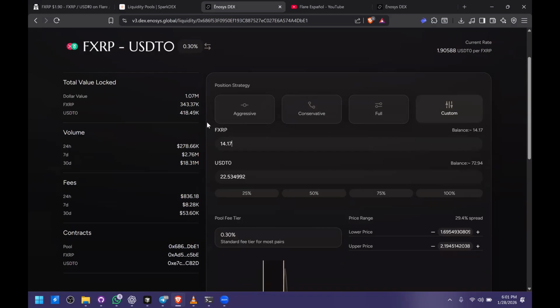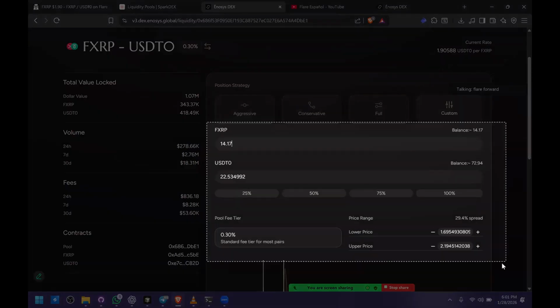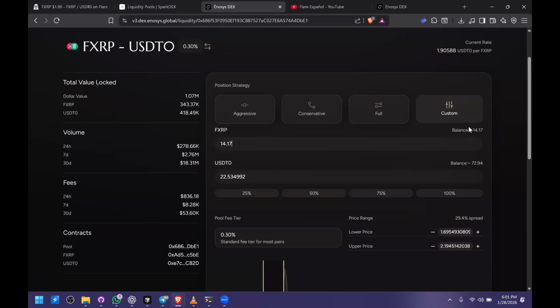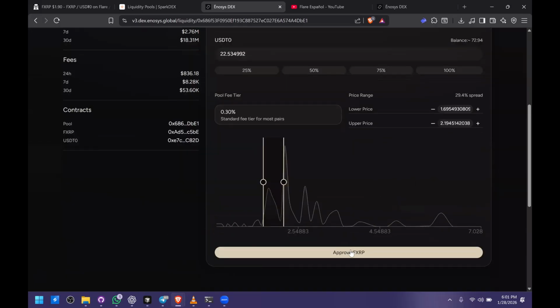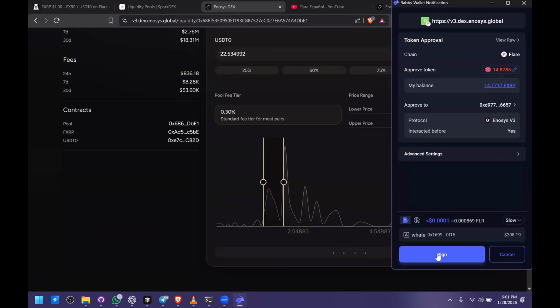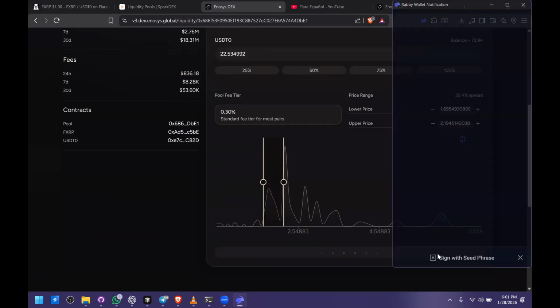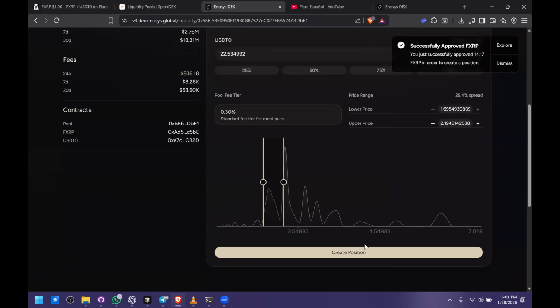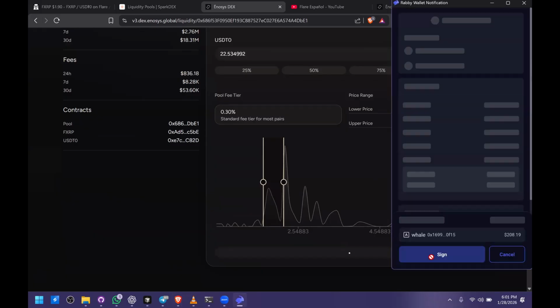Yeah, that's correct. It was just inverted. So in this case, I'm entering with $27 of FXRP and $22 of stablecoins. Approve FXRP. Confirm. And then create position.